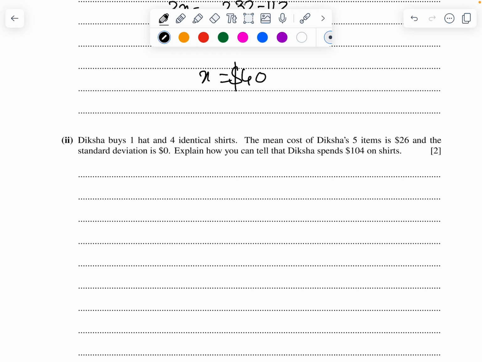Diksha also buys 1 hat and 4 identical shirts. The mean cost of 5 items is 26 and the standard deviation is 0. Explain how you can tell that Diksha spends $104 on the shirts. She buys 1 hat and 4 identical shirts. The mean cost of 5 items is 26.